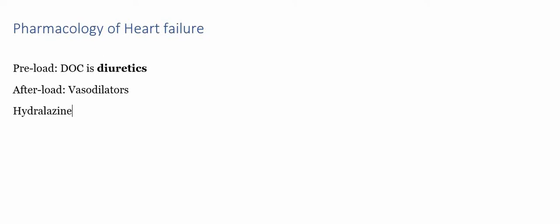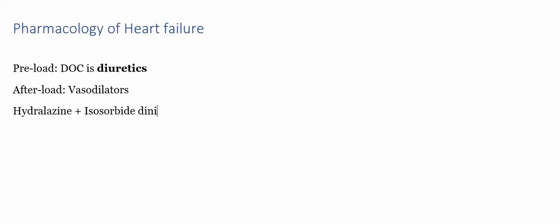And it is specific to arterioles. It is an arteriodilator. It does not have any effect on the venous system. So if you were to give hydralazine, actually you do give hydralazine, it isn't a supposition, you give hydralazine in combination with isosorbide dinitrite.